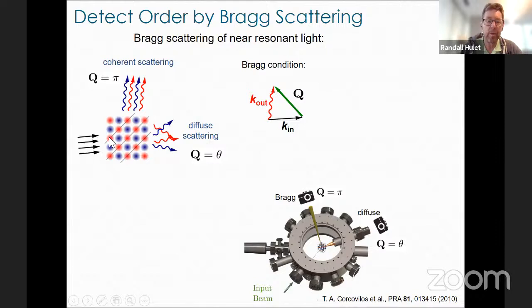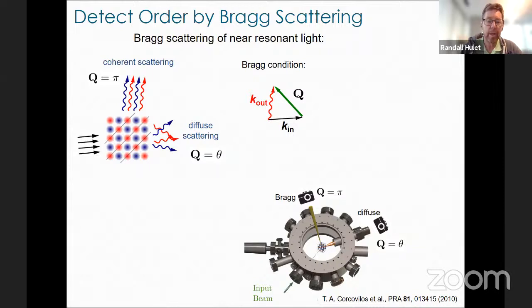In our case, we're coherently scattering light, not X-rays or neutrons, but we'll see in a minute how we can make that light scattering spin dependent. We send in light at this particular angle, k in, and if it's lined up properly so that this loop closes, you get a coherently scattered response at this angle, k out.